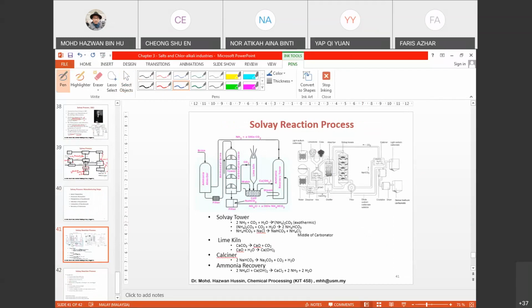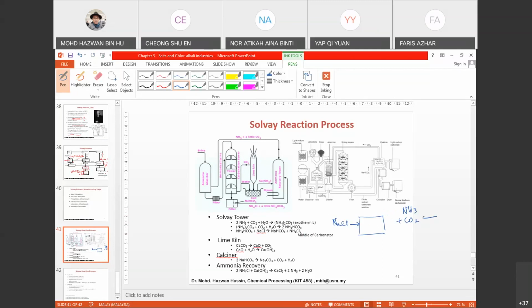So first, what happens is that you are producing ammonium carbonate, right? This ammonium carbonate, you react it with CO2.